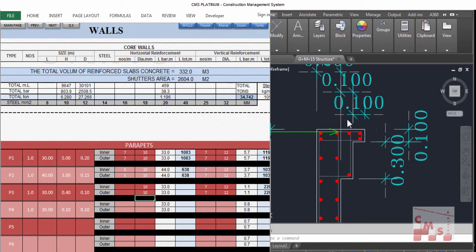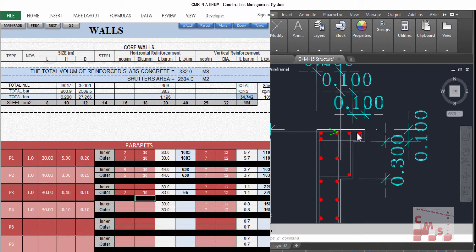We have only two pieces, but two pieces in 30 centimeters. But we have these two pieces only in the outer, so we'll write in the outer 6.7 for 10 millimeter. Only in the outer, not in the inner.